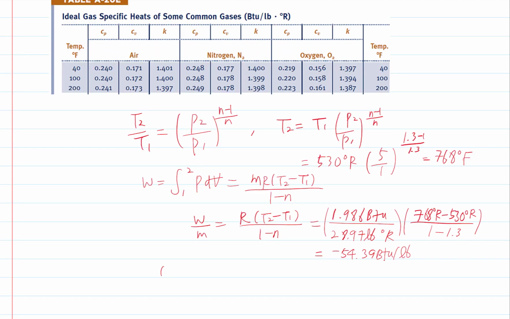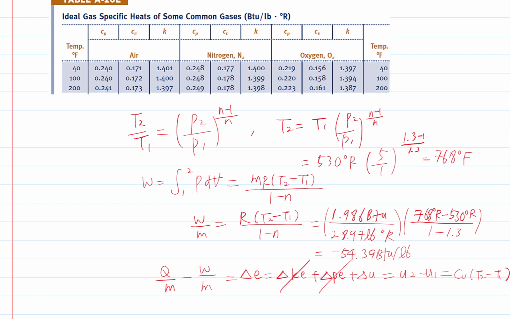Applying the energy balance equation. Assume the system is stationary, so kinetic energy and potential energy cancel out, and assume that the specific heat is constant. To determine the specific heat ratio k, see Table A-20E.